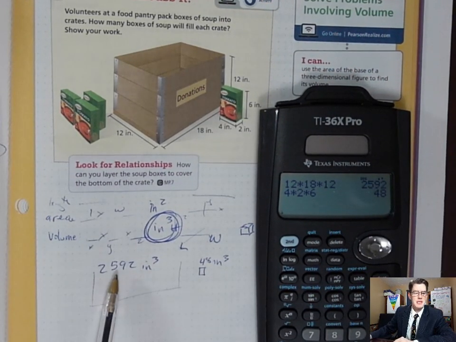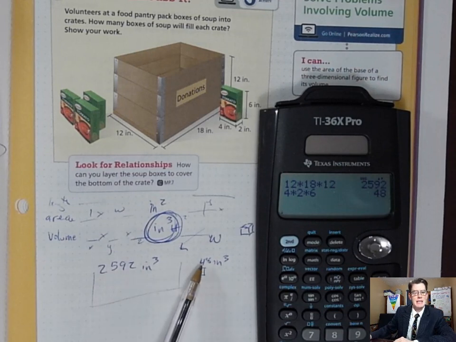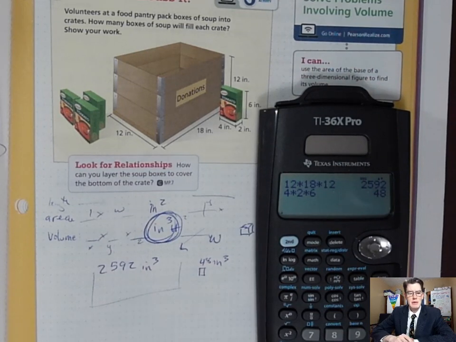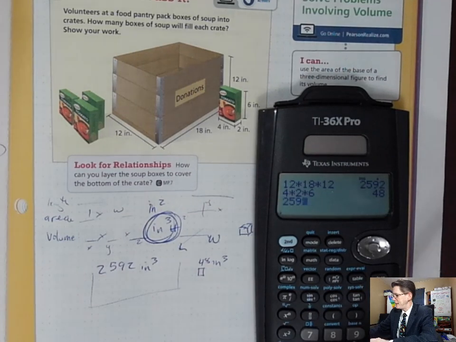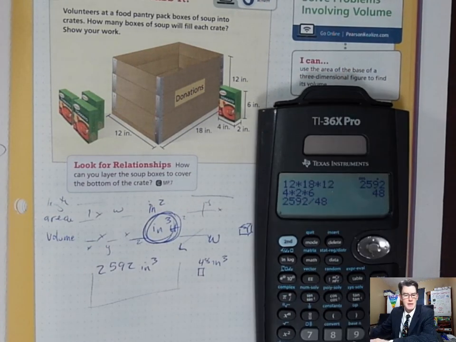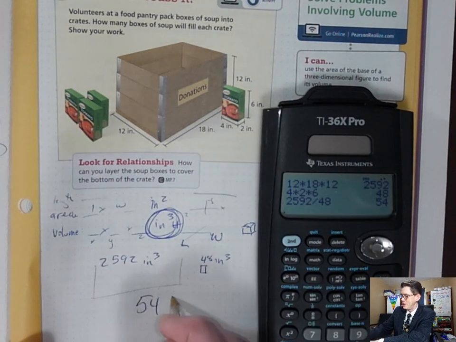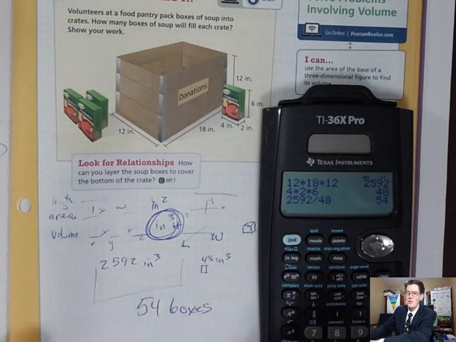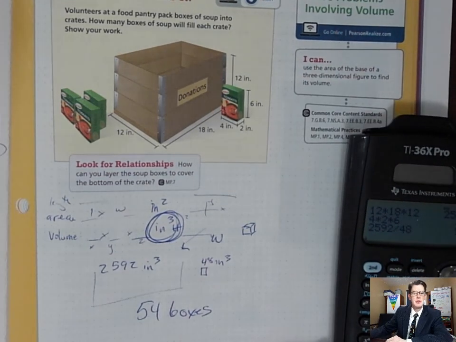Or if you split this evenly into these items, how many is it going to be? Well, 2,592 divided by 48, sections of the size 48. 54 boxes would fit. So that's one example of how to solve problems using volume.